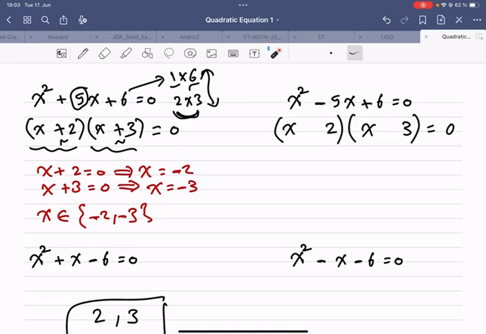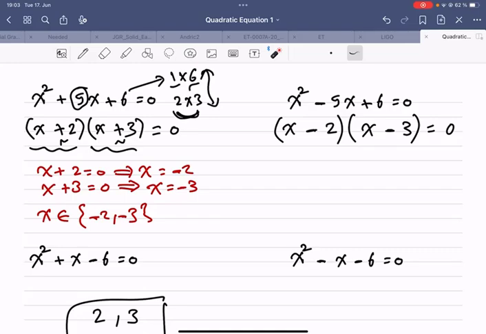This depends on the sign of the middle term. This is negative 5, which means the sign of both will be negative. So this is negative 2 and this is negative 3. Now if you multiply, negative 3 multiplied by negative 2 gives 6, and negative 2 plus negative 3 gives negative 5.